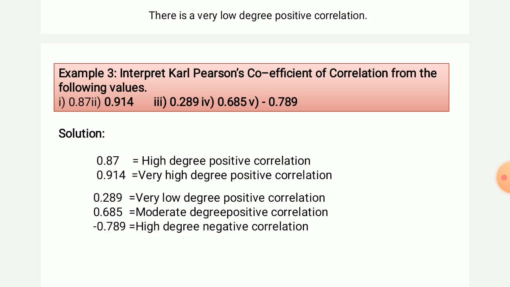So 0.289 is called very low degree positive correlation, because there is a plus sign.